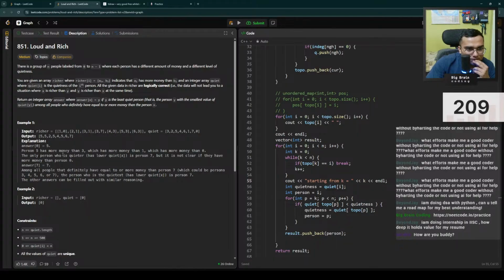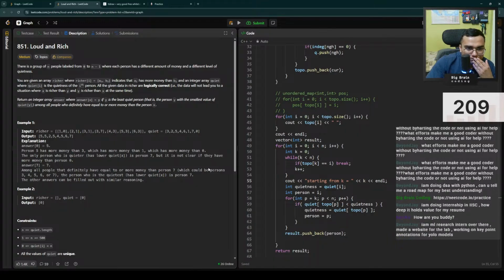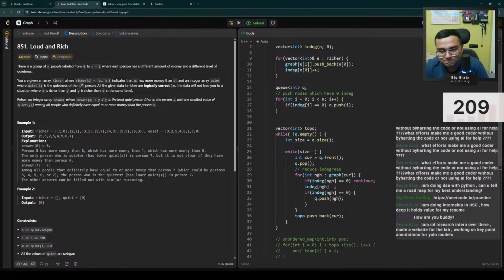My question is, more money than 3, which has more money than 1. Okay, so I need levels here. I can't do topo, okay. Or maybe I can add a bias there, I don't know. Okay, let's take 2 things.